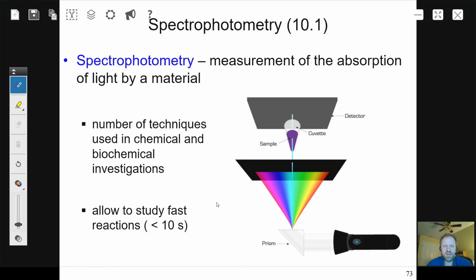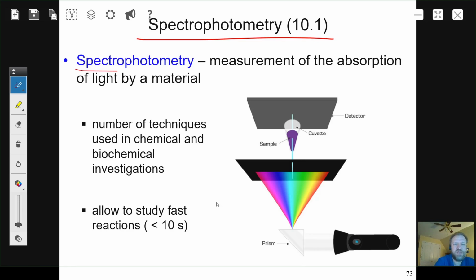All right, and then the final 10, 11 slides are on the physicochemical techniques that are used to study rates of chemical reactions. We start by looking at spectrophotometry.